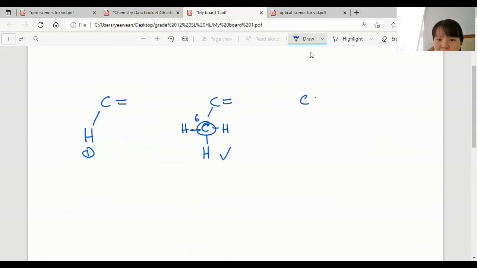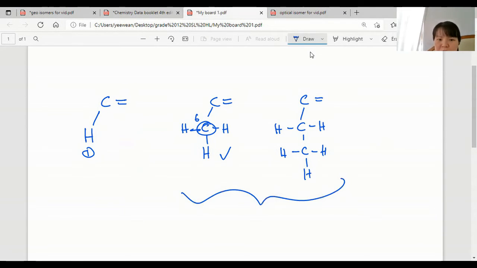Okay, something a little bit more complicated. What if I have a CH2CH3? Now I want to compare these two, which is at higher priority. So 6, and then I have 1, 1, 1. And this 6, I have 1, 1, and the further I walk here, it's a 6, whereas this one is a 1.